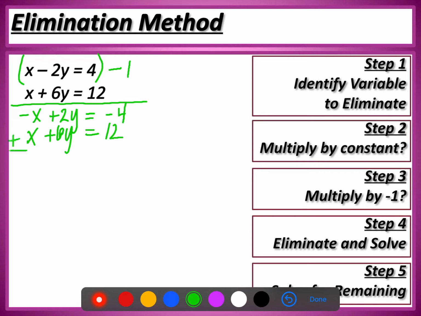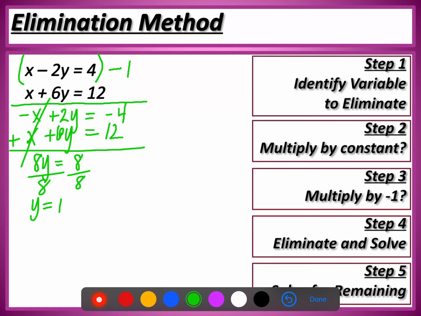But now, when I go to add these together, I can get my variable to cancel out, which is the goal, because now I only want one variable here so that I can solve. You can't solve if you have an x and a y in the same equation.